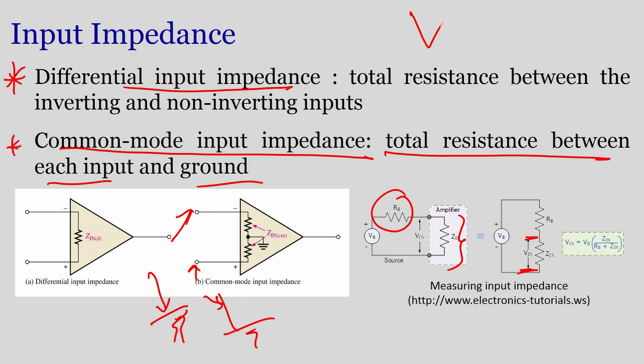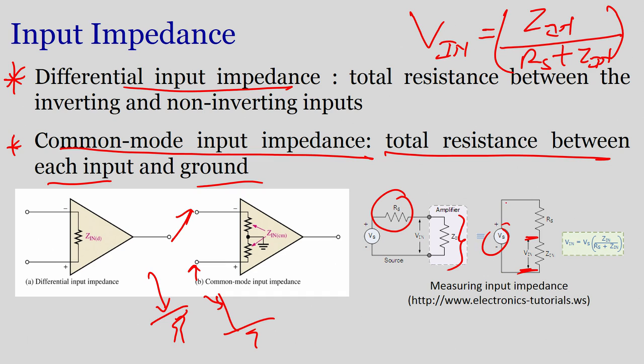Vin equals Zin divided by Rs plus Zin, into your source voltage Vs. This is the formula for the equivalent circuit which we have written here. This is very easy because it is nothing but a potential divider, a voltage divider circuit. So, when you want to measure the voltage across Zin, you have Zin over Rs plus Zin, into Vs. It is very easy.